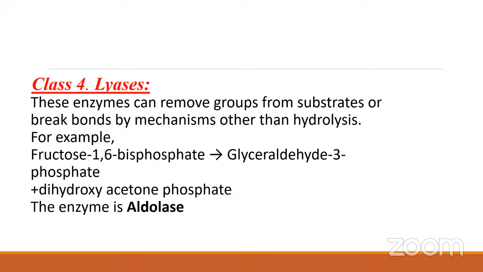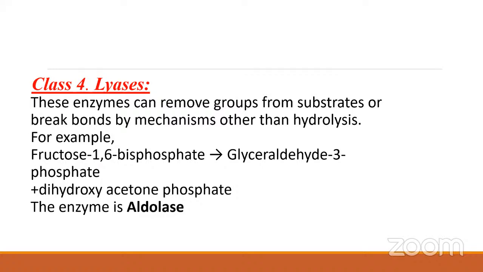Now class 4, lyases. Lyase means cut, so it is also breaking a bond. It will remove groups or atoms from substrates so that it can break the bond, but not by the mechanism of hydrolysis, that is, not by adding water.